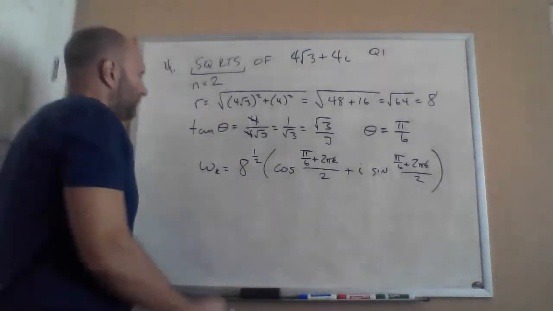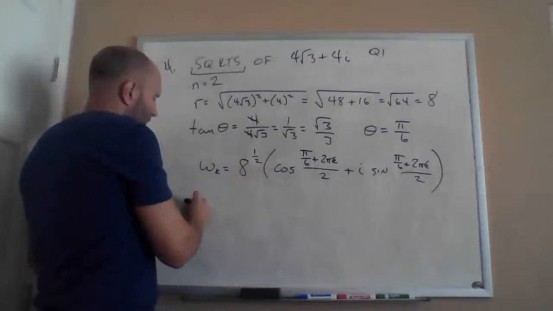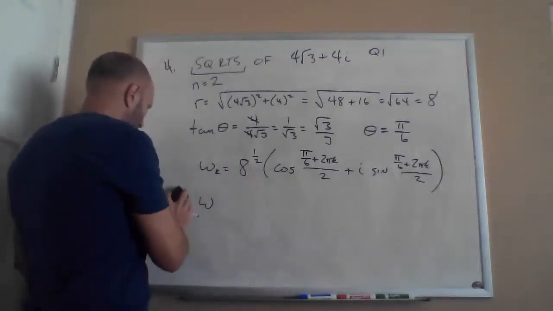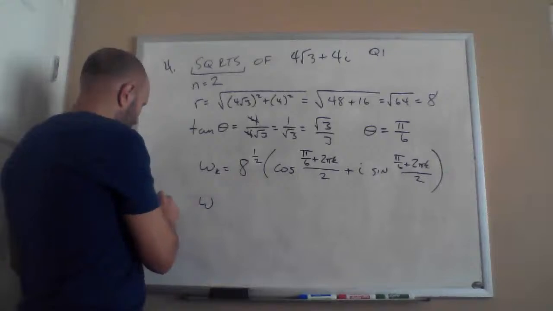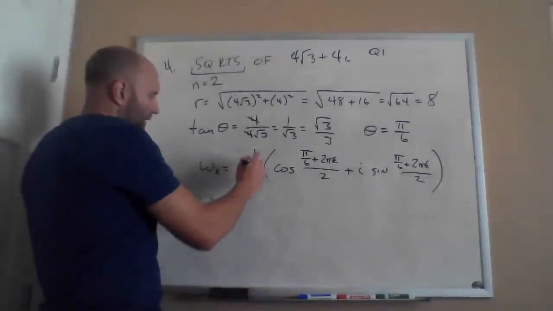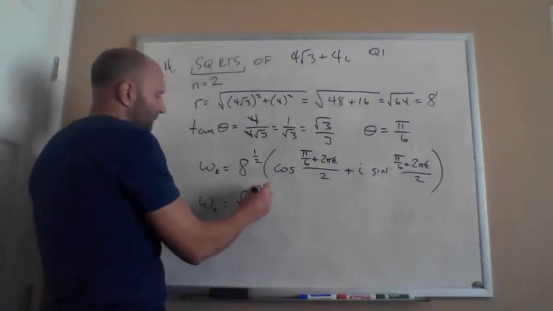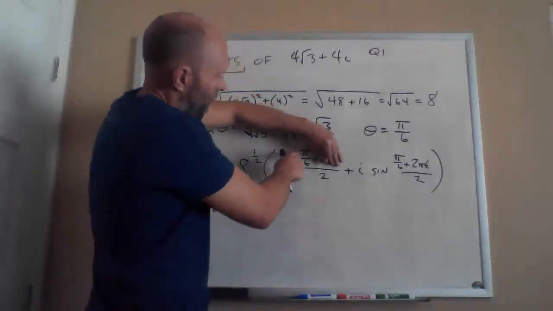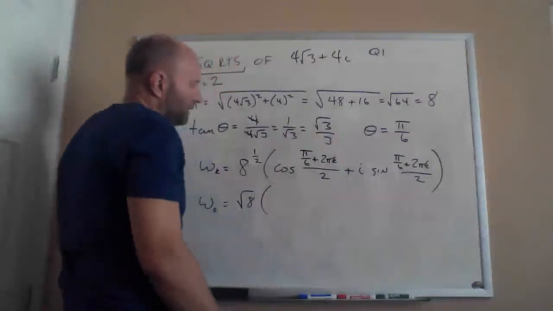All right, so let's figure these out now. So for when k is 0, so omega 0, our first root is square root of 8. When k is 0, this piece is gone. So it's pi over 6 divided by 2.